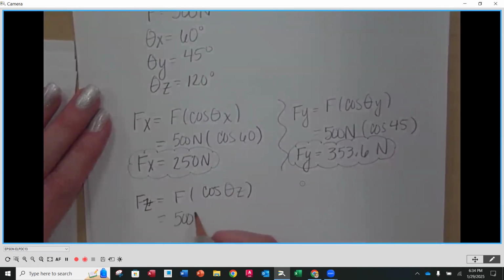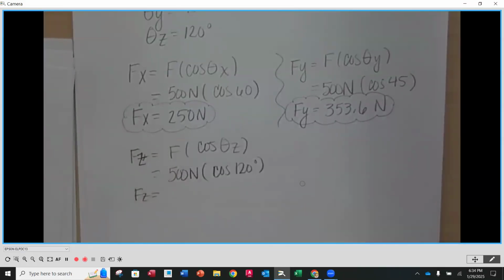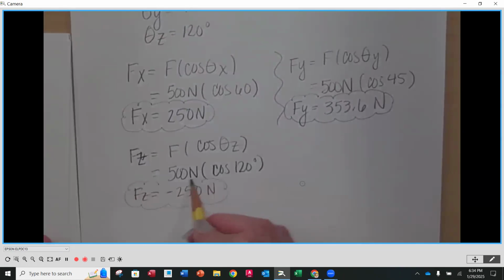So 500 newtons times the cosine of 120 degrees. You get a negative 250 newtons. What does that mean to me? It's going in a negative z direction.